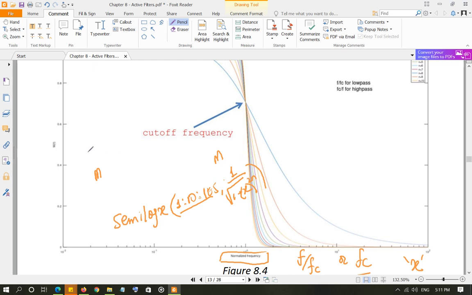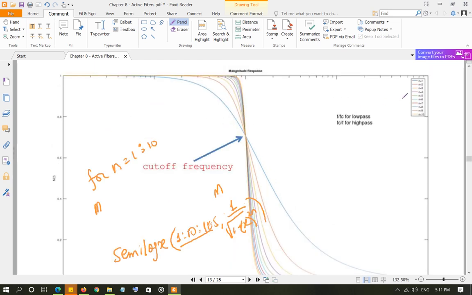You can put a for loop for n equal to 1 to 10. The first one is 1 and the last one is 10.